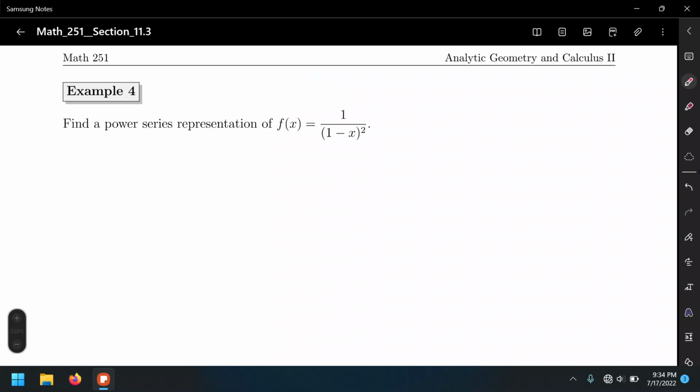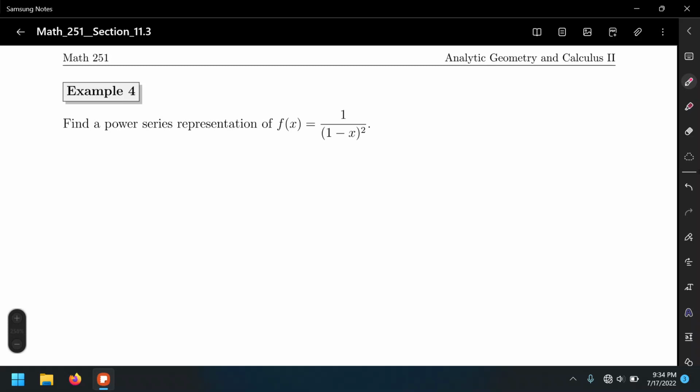So how do we go about obtaining a power series using the geometric series? Well, we need to think. This is what we're going to do.